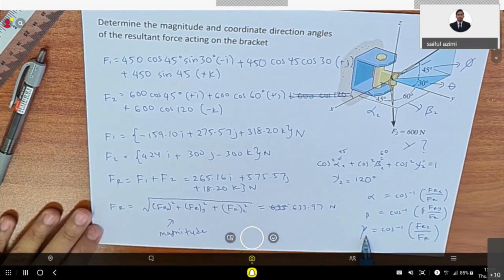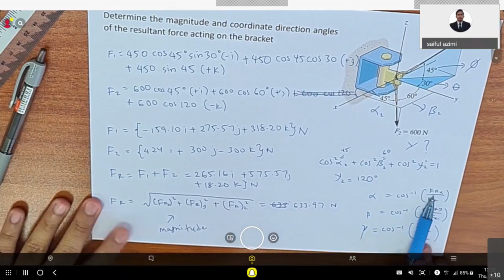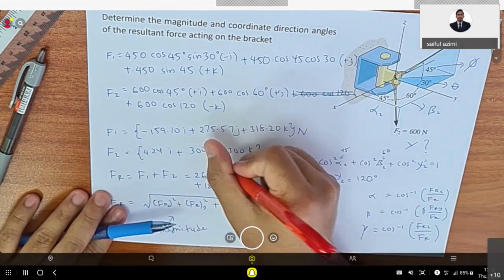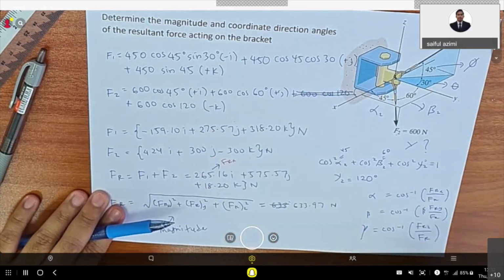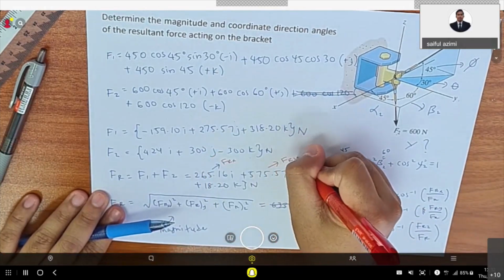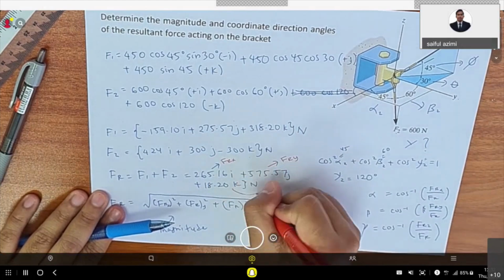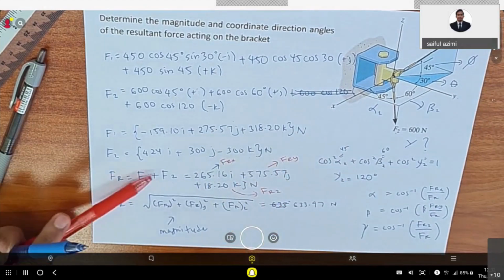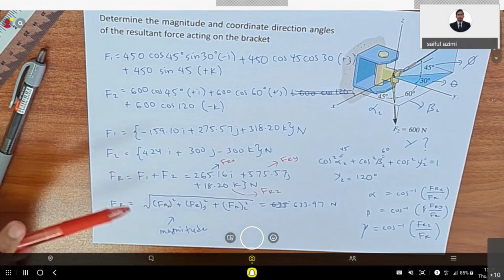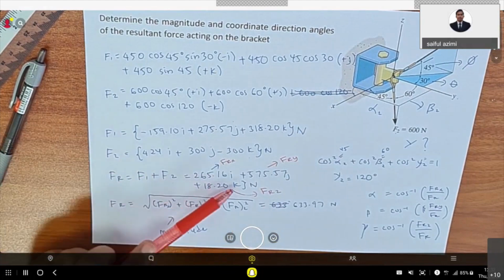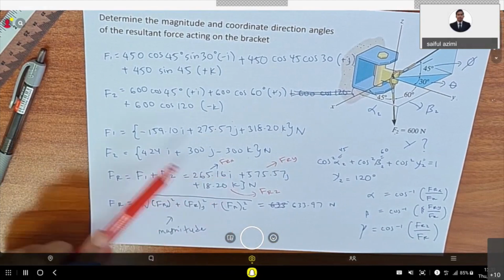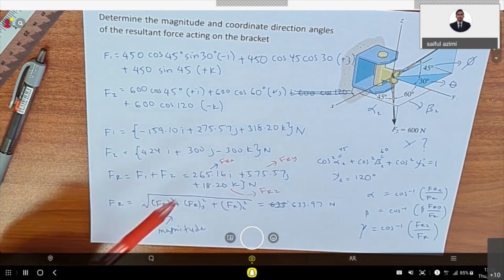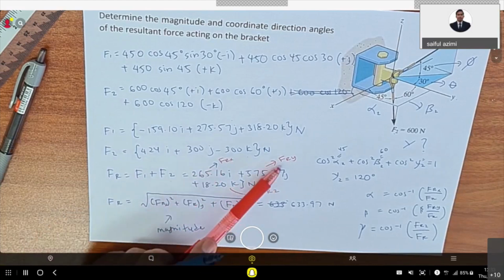From here, this is your FRX, this is your FRY, and this is your FRZ. You need to add all of the forces together, but you must add by using I: I you add with I, J you add with J, and K you add with K. And you will find the FRX, FRY, and FRZ.